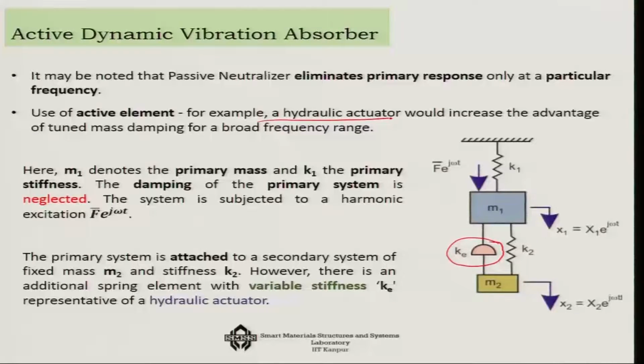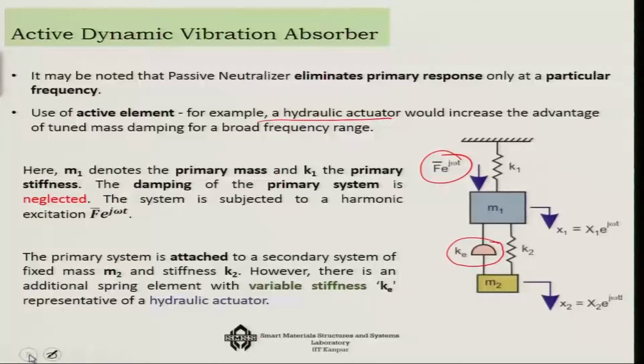Then I have K2 and an additional contributor here, which can work like a stiffness contributor or like a damping contributor. By tuning this Ke, I can actually cancel the effect of f bar e raised to the power j omega t.